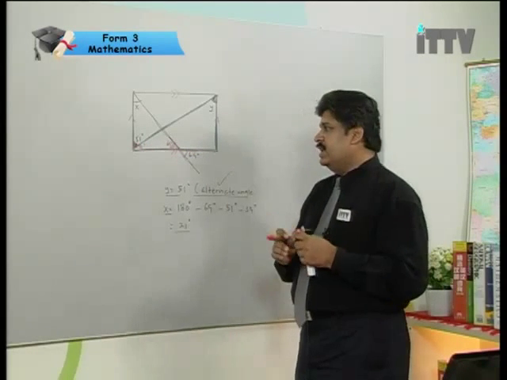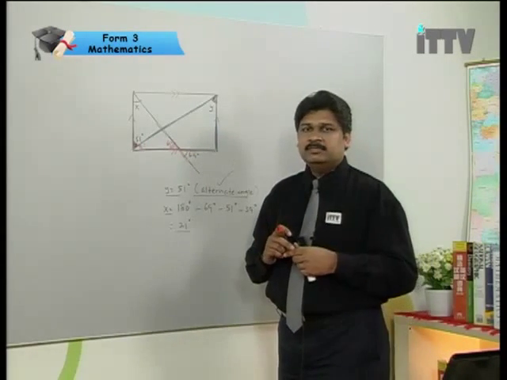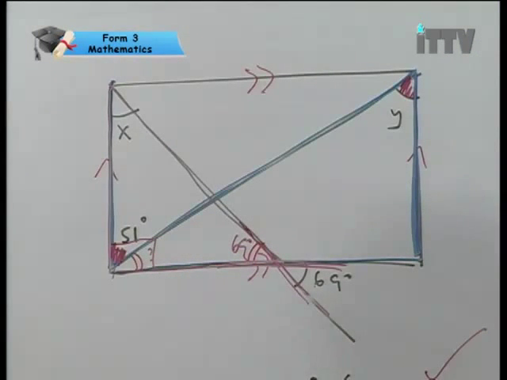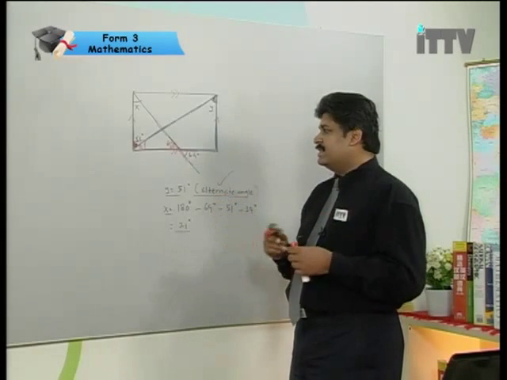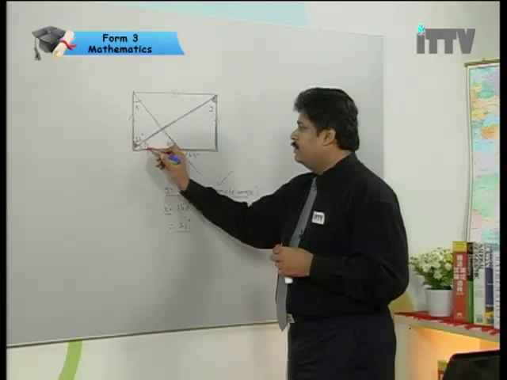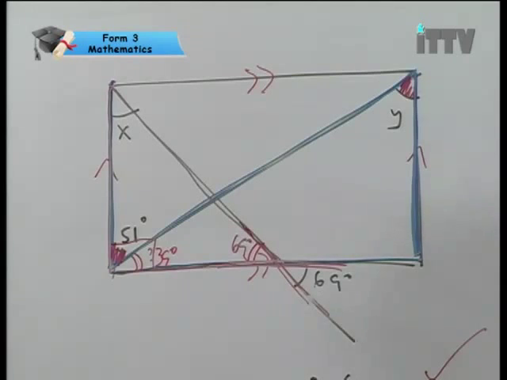Obviously, you need not find this angle simply because we know this would be a right angle, because all vertices in your rectangle would be 90 degrees. That would be the answer, 90 degrees. But for the sake of calculation, I know 90 less 51, I would obtain 39 degrees.